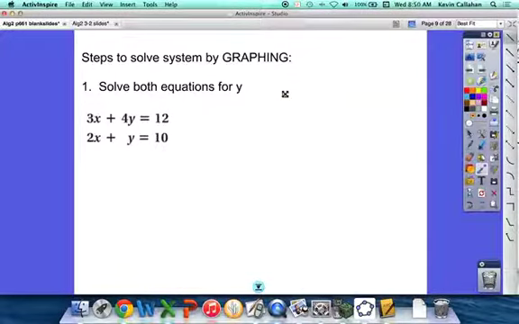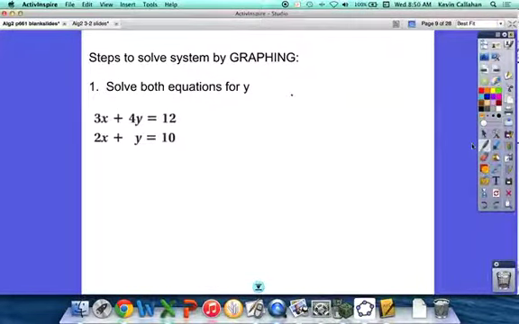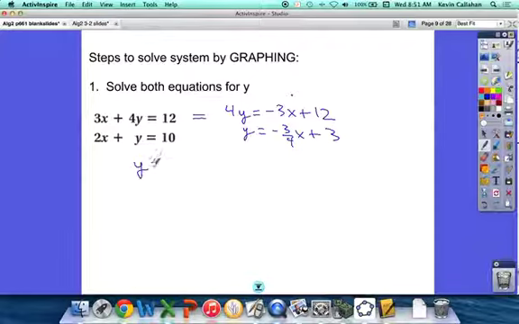So in this one, this would be 4y equals negative 3x plus 12. So y equals negative 3/4 x plus 3. This one, subtract the 2x. y equals negative 2x plus 10. Done.